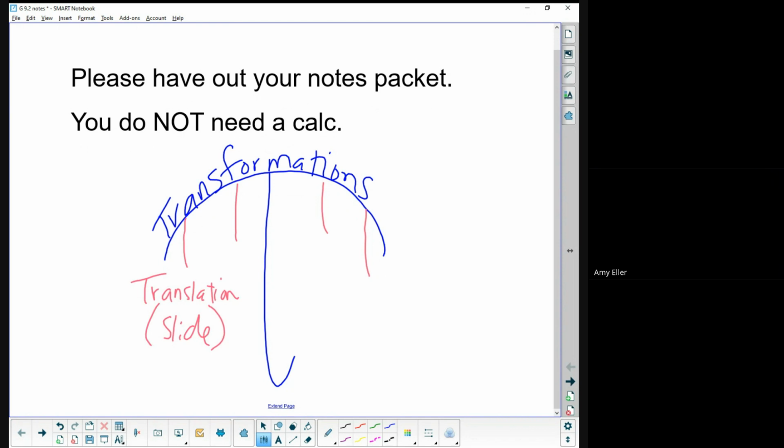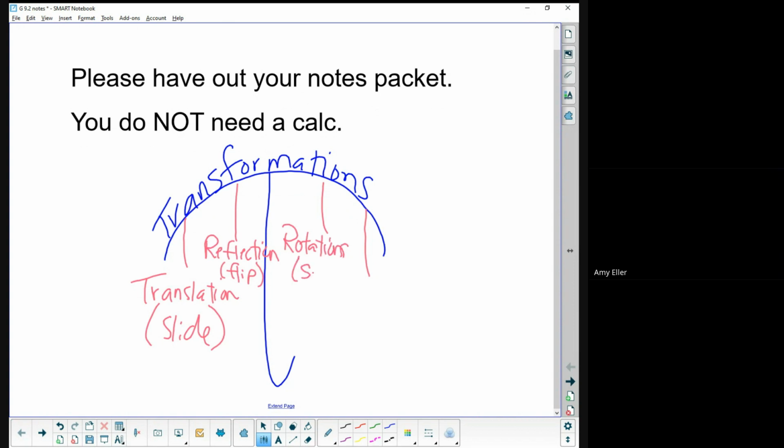Our next lesson is, I'm going to do it in the right order, reflection. Reflect, which is like flipping. The next lesson will be rotations.